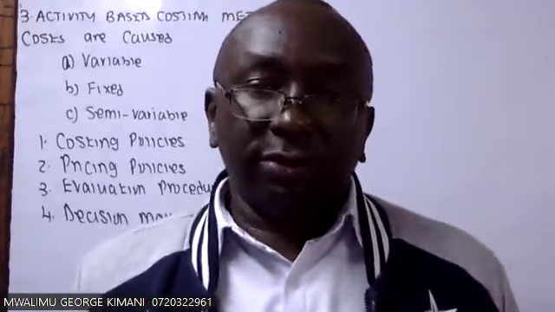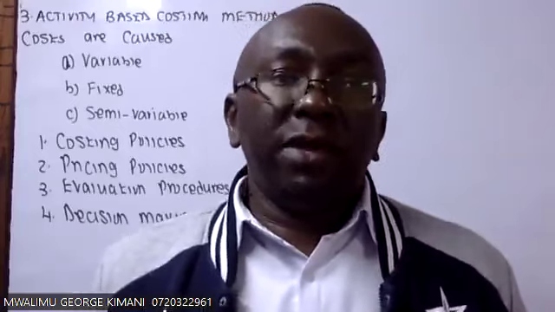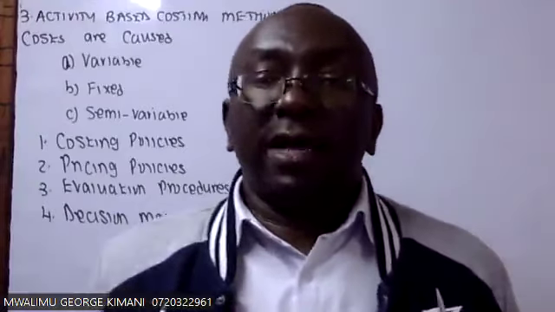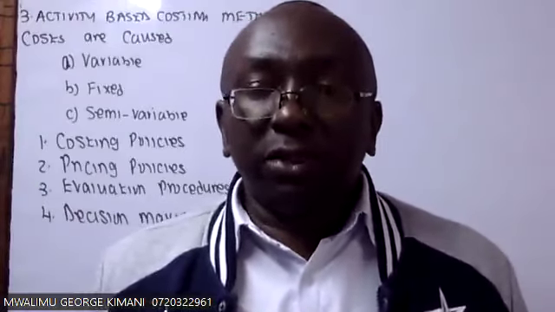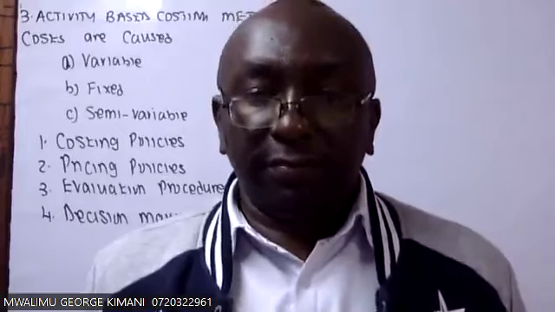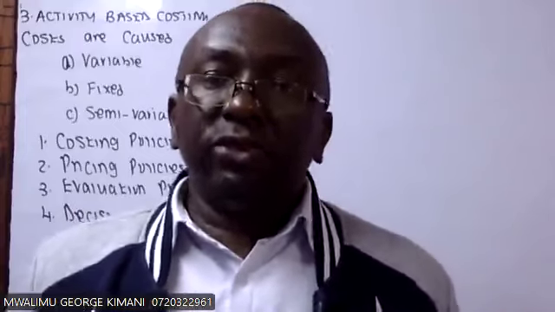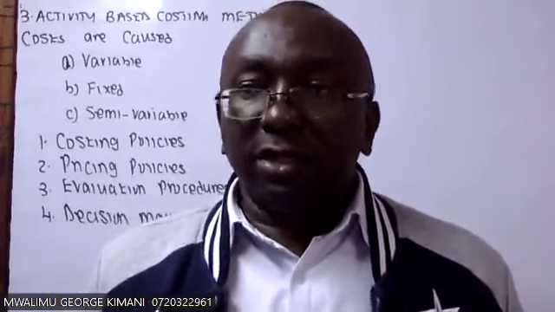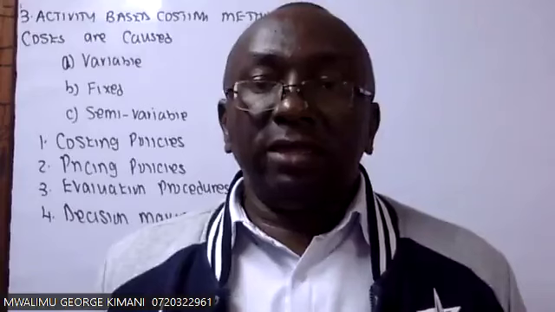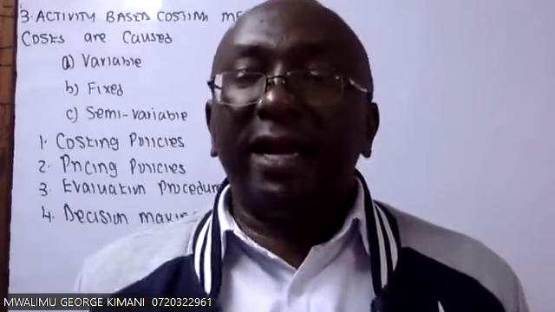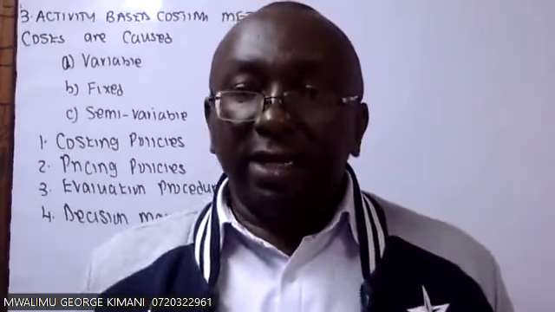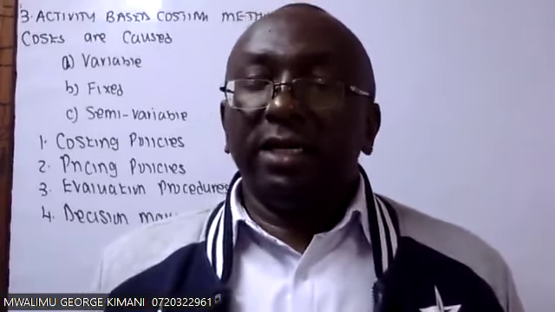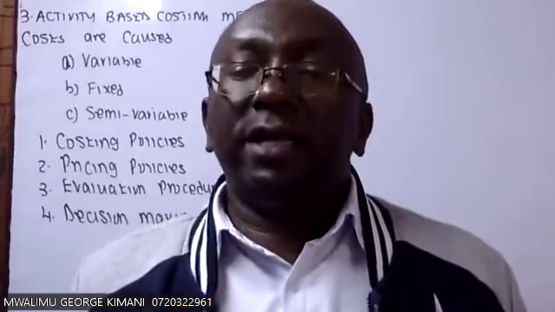The traditional methods of marginal and absorption would say that you people are responsible for those costs. But ABC says no, you are not responsible. What is behind the costs is that an activity has been undertaken. Like right now, I am teaching. As a result of teaching, the college has incurred the costs.